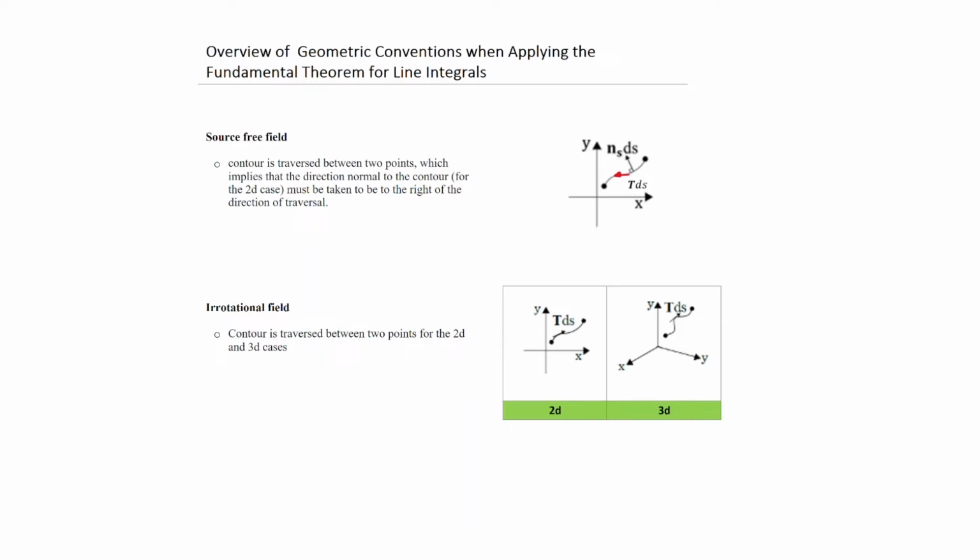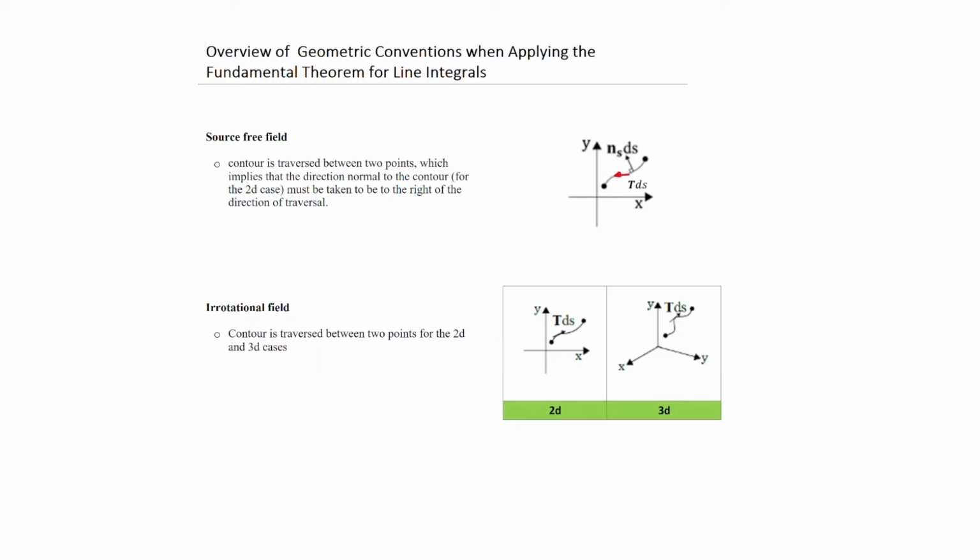So again, for the source-free field, the contour is traversed between 2 points, and that means that the direction normal to the contour for the 2D case must be taken to the right of the direction of traversal. In the picture on the upper right, the direction of traversal is TDS, and to your right is NDS. So you're going from the point at the top to the point at the bottom.